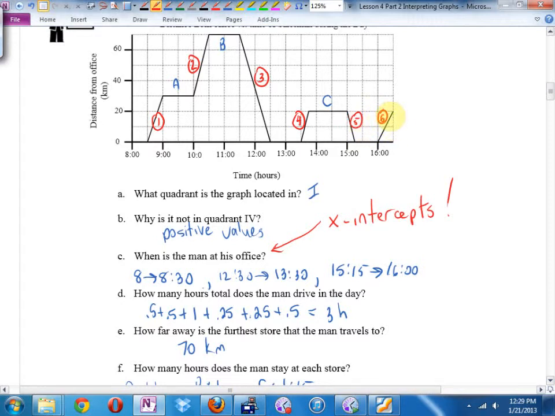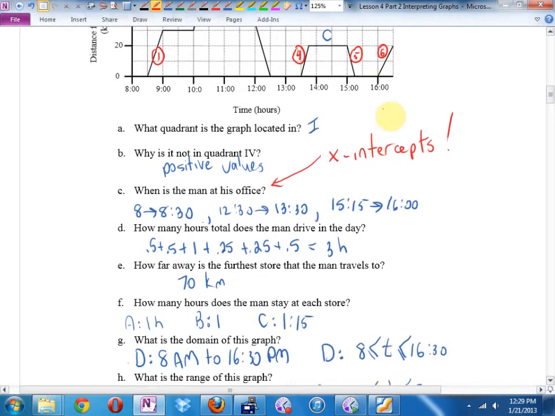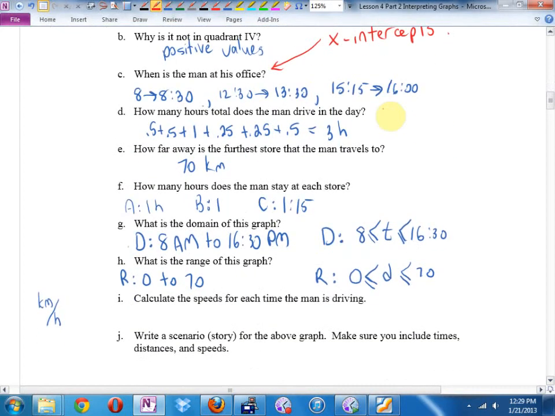I think we'll just do drive 1, 2, and 3. And if we get that, we're pretty good. So you ready? For drive 1, how far? 30 kilometers. How much time? Half an hour. How fast?